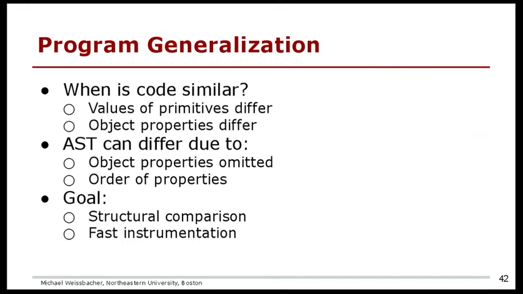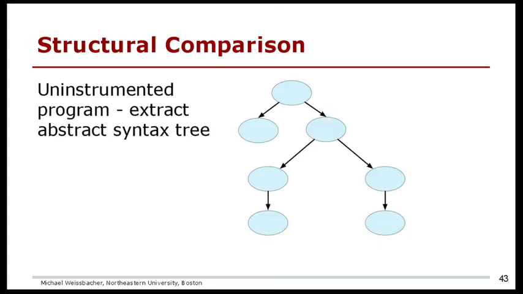And so the 2 things we wanted is that we wanted to be able to tell quickly whether 2 programs belong to the same class, and we want to be able to instrument these programs quickly. So as to comparison, once we suspect a program to be a member of some class, we get the AST from this uninstrumented program, and we look for these program points for generalization.